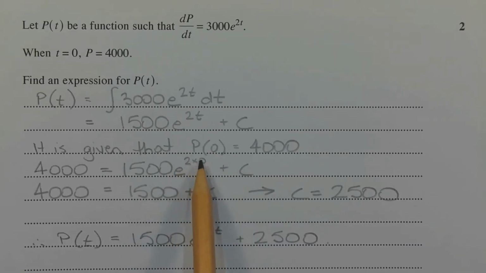Now 2 times 0 is 0 and e to the power of 0 is 1. So the equation becomes 4000 equals 1500 plus c, hence c is equal to 2500. Therefore, P of t is equal to 1500 times e to the power of 2t plus 2500.